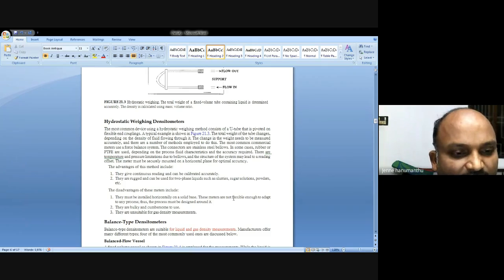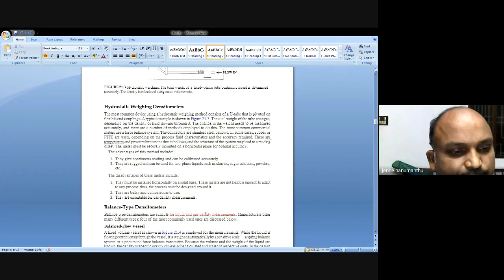They are bulky, and their size varies. They are unsuitable for gas density measurement. This method is suitable for liquids rather than gases.